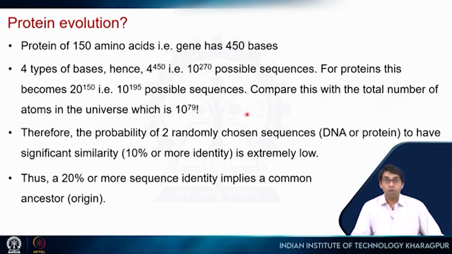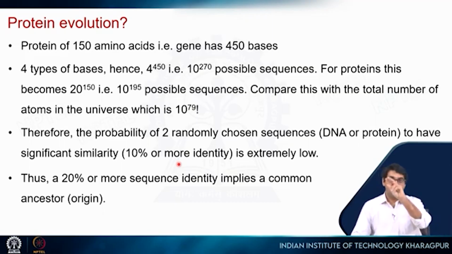Now, compare this 10 to the power 195 number with the estimated number of atoms in the universe, which is 10 to the power 79. So, you can imagine that this is a huge number. Now, if two random sequences are taken and they have 10% or more identity, then that identity arising from random chance is going to be extremely low, which means that these two sequences originated from a common ancestor.